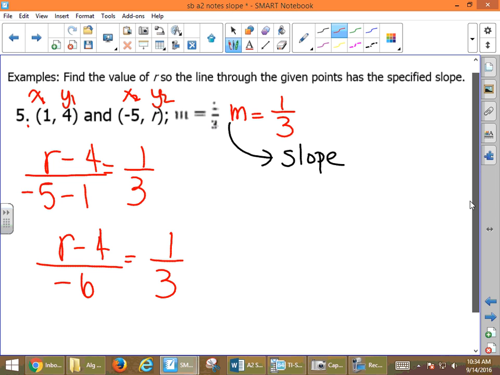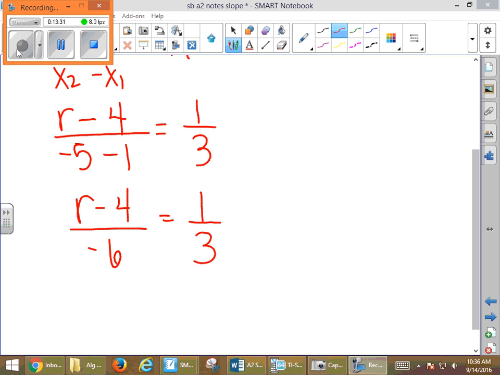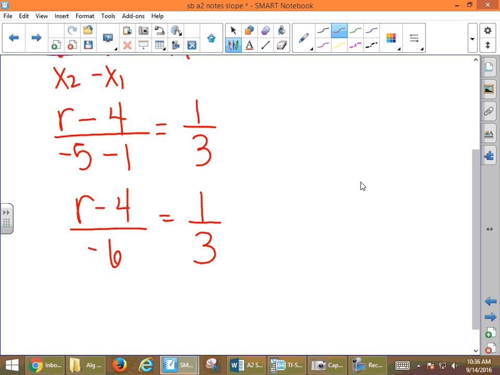Are you seeing it? So once we simplify that denominator, do we have a solving technique to help us figure out the value of r, since we already know what the slope is?